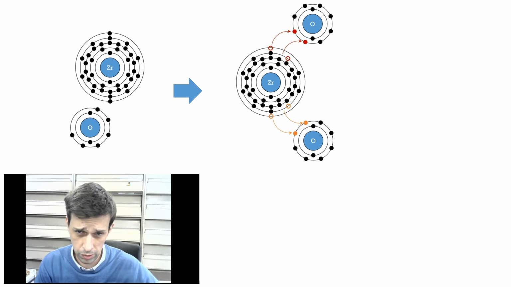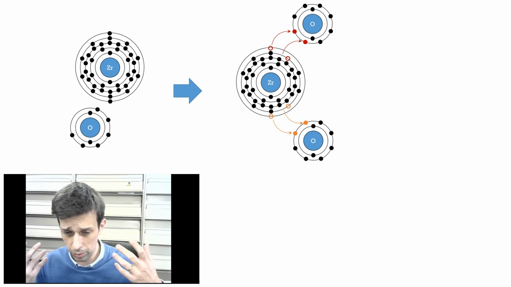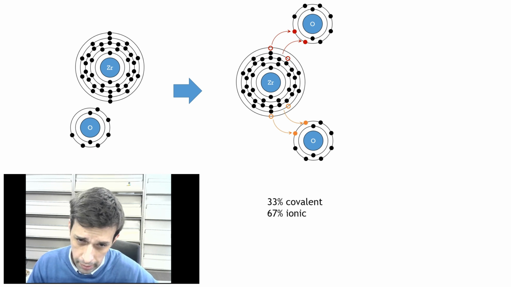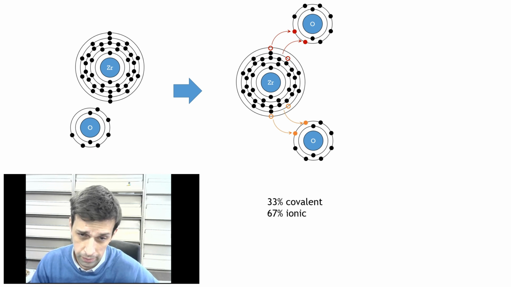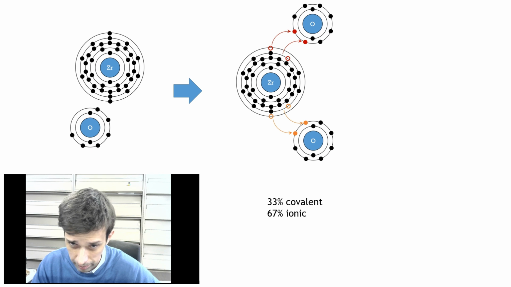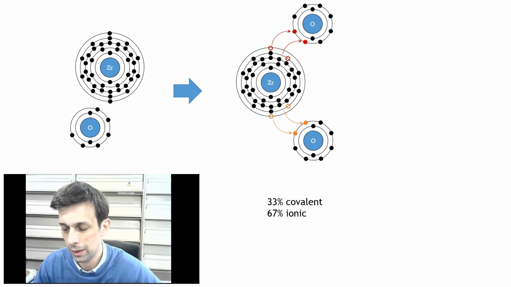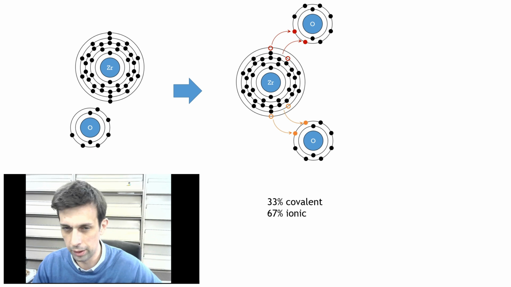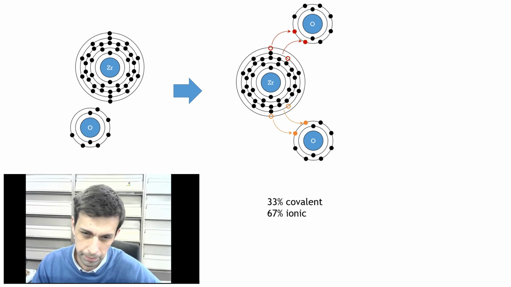And this will make oxygen complete and zirconium complete and everybody happy. This sounds like the perfect example of an ionic compound. In reality, there's 33% covalent, meaning that there is 33% of sharing, let's say. Not exactly, but there's 33% of covalent characteristics in the bonding of zirconium oxide.